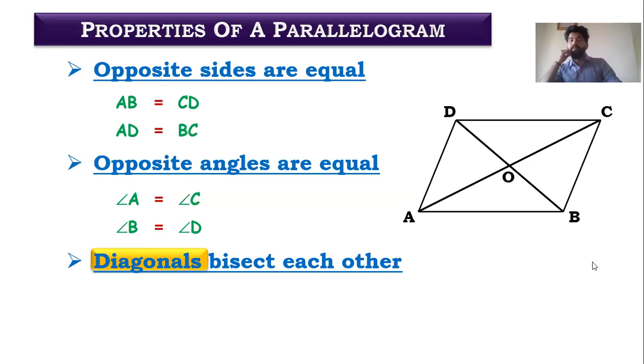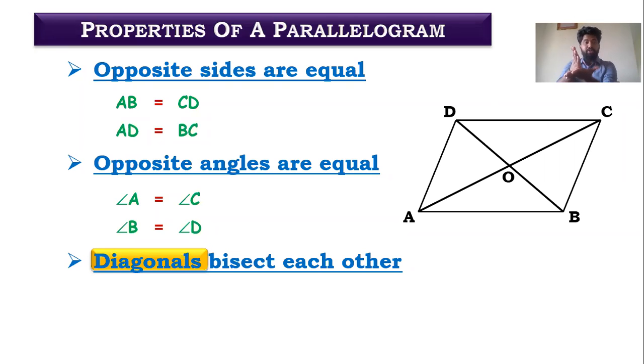Yes, Virat. Sir, bisect means that an angle when we divide it in half, when we join the opposite lines, it divides the angle in half, which means it bisects the angle. Okay. What does bisect mean? To divide, meaning divide it into half. Is Virat correct?